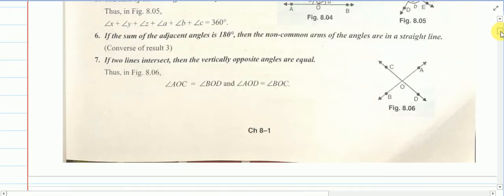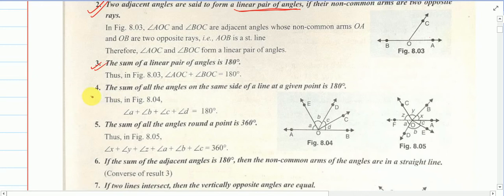Now next, the sum of all angles on the same side of a line at a given point is 180. So this is a straight line, and let's say this is a point O, and at this point you make angles x, y, this is z, this is w, this is theta.